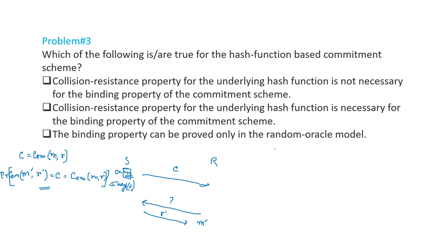Okay, so the answer is that it is necessary indeed. The collision resistant property of the underlying hash function is necessary for the binding property of the commitment scheme.